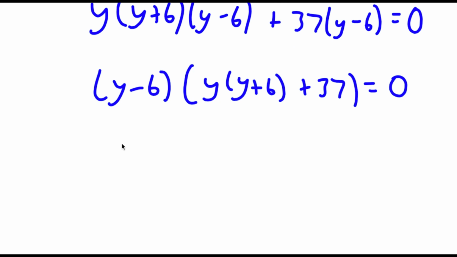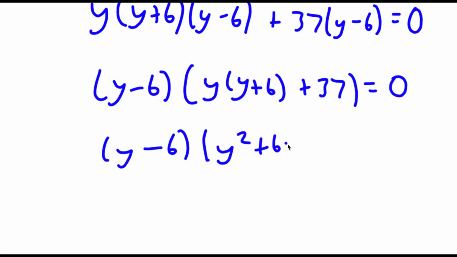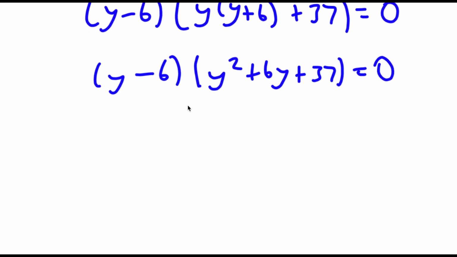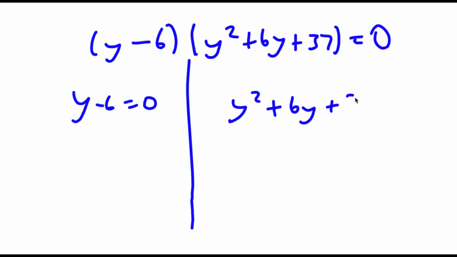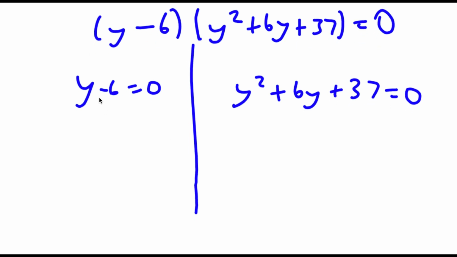And this simplifies to y minus 6 times y squared plus 6y plus 37 is equal to 0. So now this gives me y minus 6 equals 0 and y squared plus 6y plus 37 is equal to 0. So for y minus 6 equals 0, y is equal to 6.